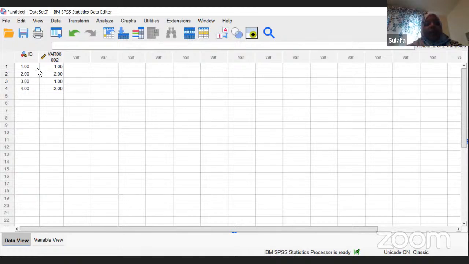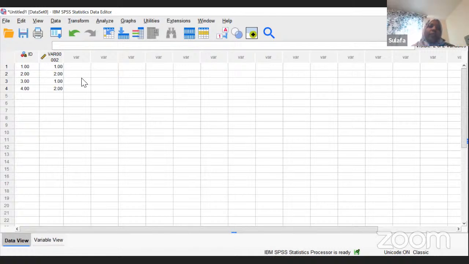So if you notice here now, the ID is left justified, not right justified like our second variable, because a character variable will be displayed left justified, and a numeric variable will be displayed right justified.